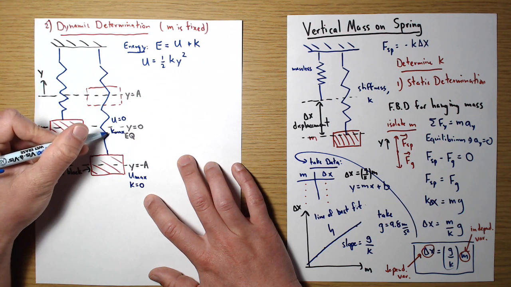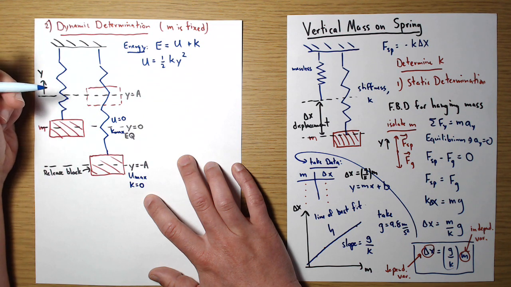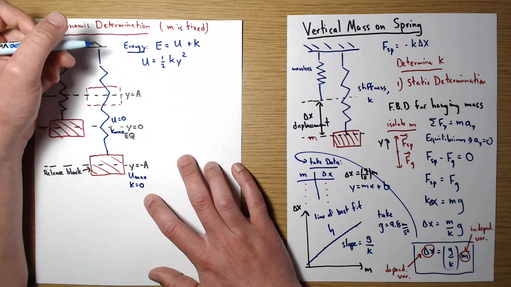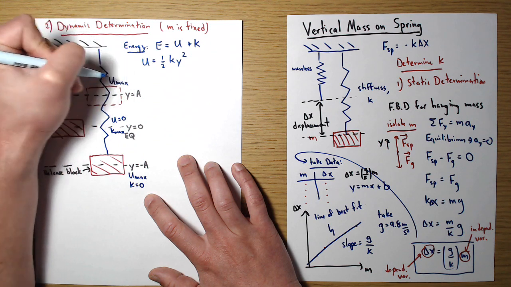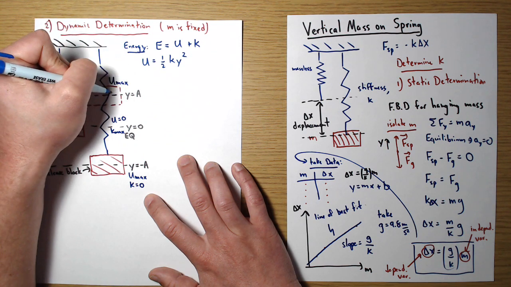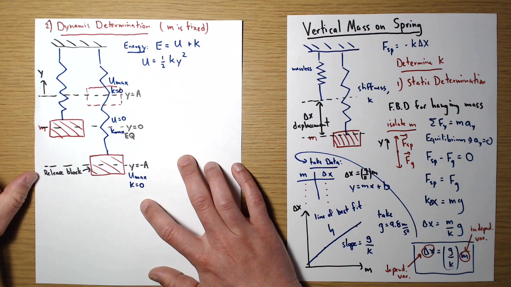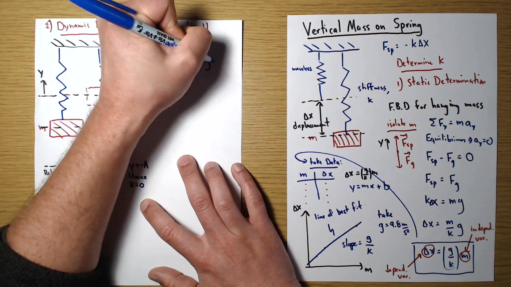Then that kinetic energy is again transformed into potential energy as the block moves upwards, and kinetic energy equals 0 up here. So far, I've only indicated potential energy due to the spring, but there's also potential energy due to the gravitational field, and that would be mgy.